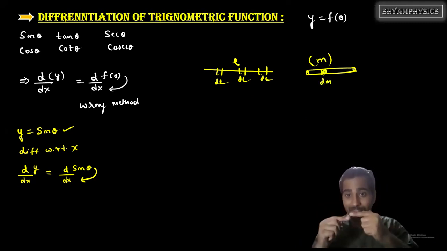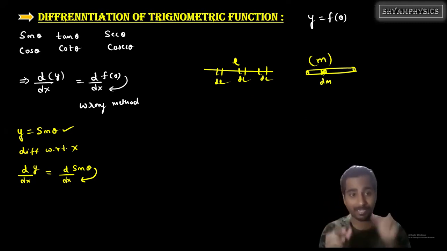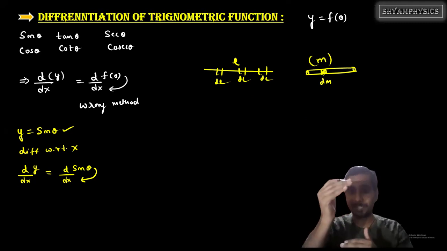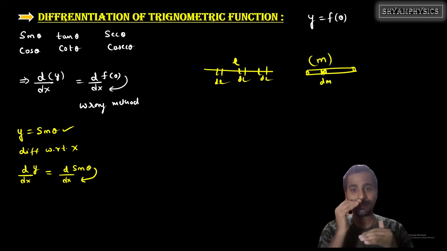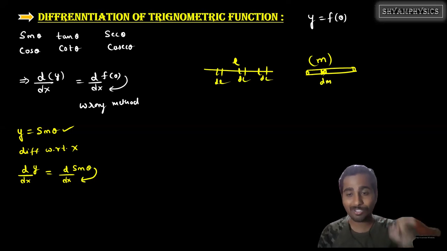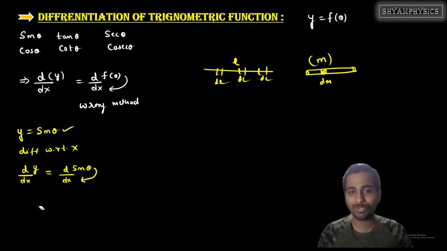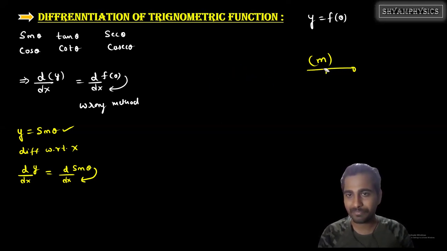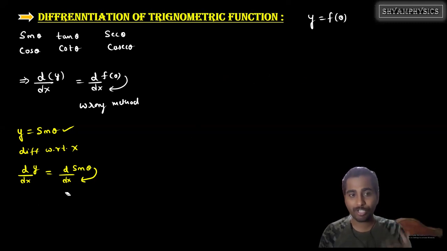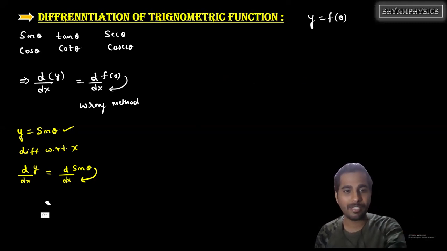Then dm is the smallest elementary particle, like y is a function of that mass. Mass with respect to mass, length with respect to length, means theta also has to be in the format of theta itself. Then only we are able to differentiate. Otherwise, it is not possible.